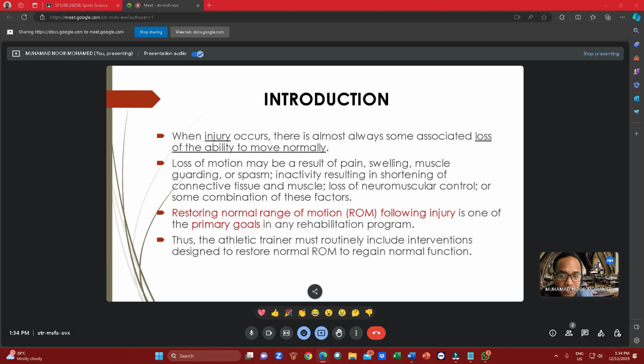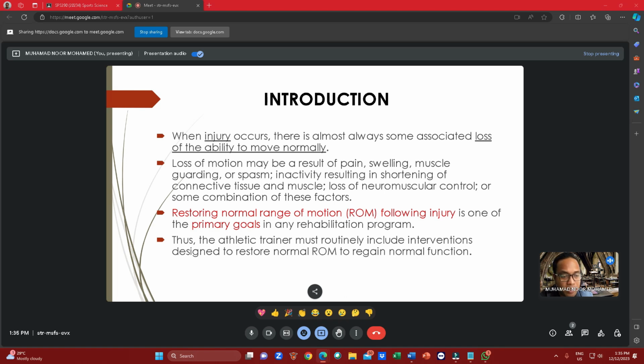So this loss of motion or loss of movement may be a result of a very painful situation, or it is due to swelling which limits the ROM, a muscle spasm, or any inactivity resulting in shortening of connective tissue and muscle, or losing of neuromuscular control, or a combination of all of these factors.